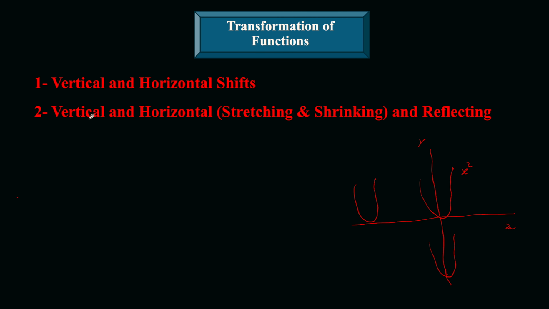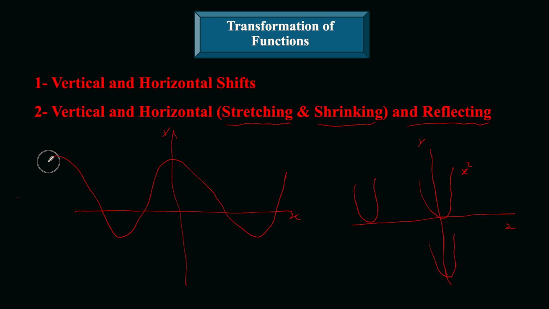The second part will be about vertical and horizontal stretching, shrinking, and reflecting. Meaning, for example, this is the x-axis, this is the y-axis, okay? So we saw so far that this is the curve of cosine of x, right? If I want to shrink it, it will be like that.